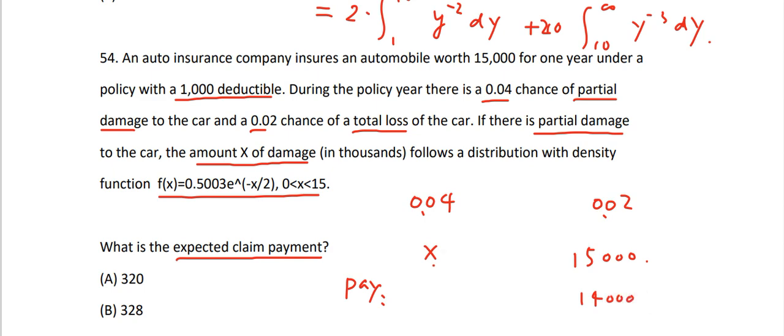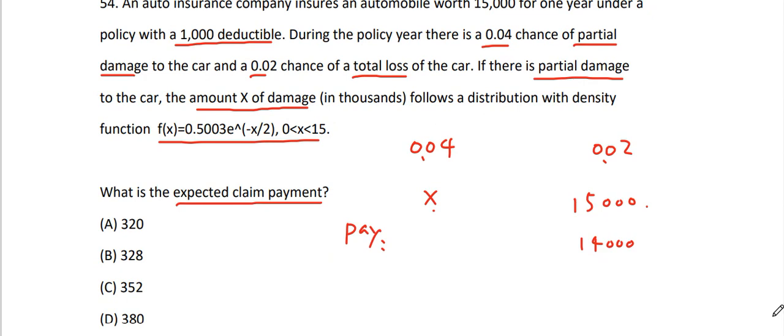Here for the payment, we need to check: if x is between 0 and 1,000, they pay 0, and otherwise they will pay x minus 1,000, right? We use 1,000 as a unit, so 1,000 is just 1.